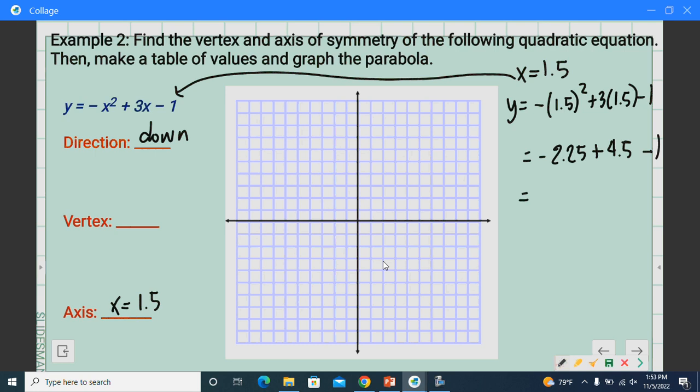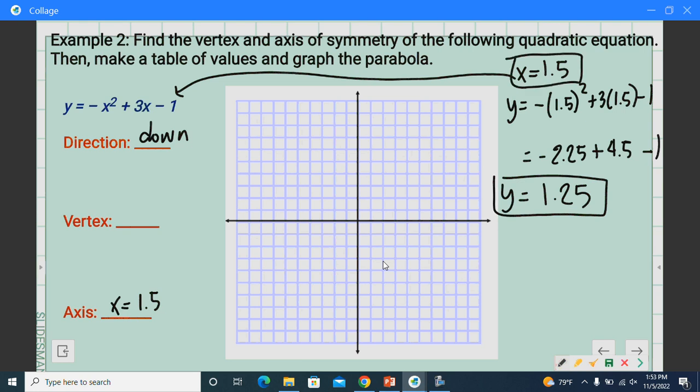So negative 2.25 plus 4.5 minus 1, that is 1.25. So we have here y is equal to 1.25.